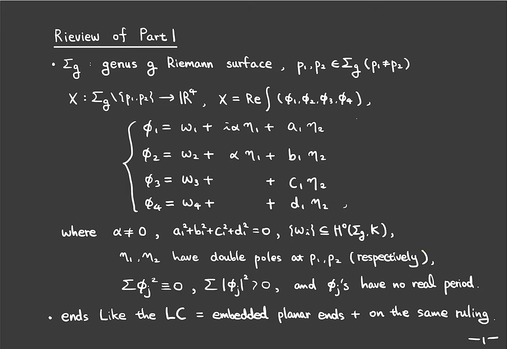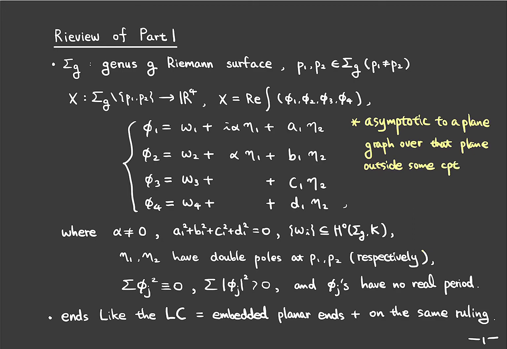First, it is asymptotic to a plane, and it is a graph over that plane outside some compact set, and also it has no logarithmic growth.